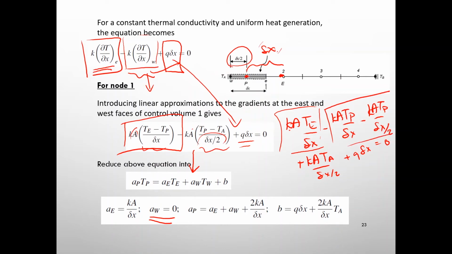So basically AP is equal to minus Ka over del x minus 2 Ka over del x. Oh sorry, this is equal to AE.